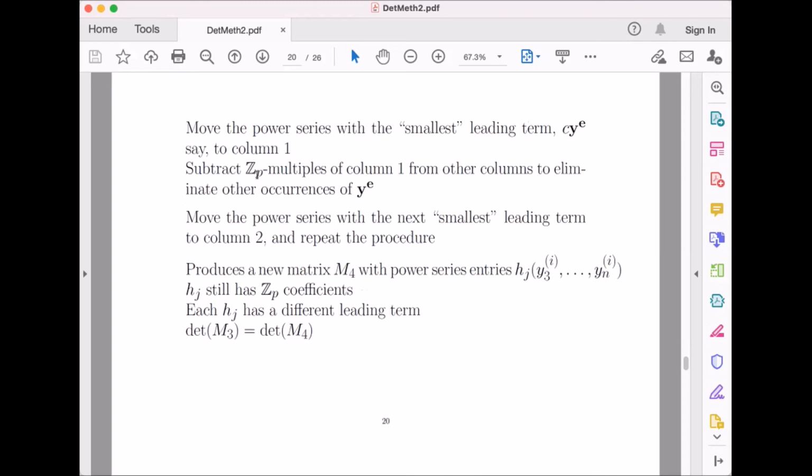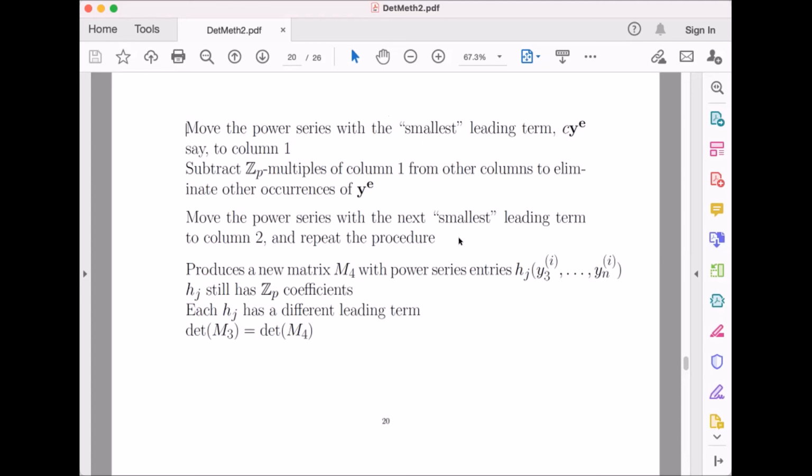So we can subtract integer multiples of column 1 from all the other columns to eliminate all other occurrences of Y to the E. We might have to go back and think about how that ordering was defined in order to see that this is actually possible.